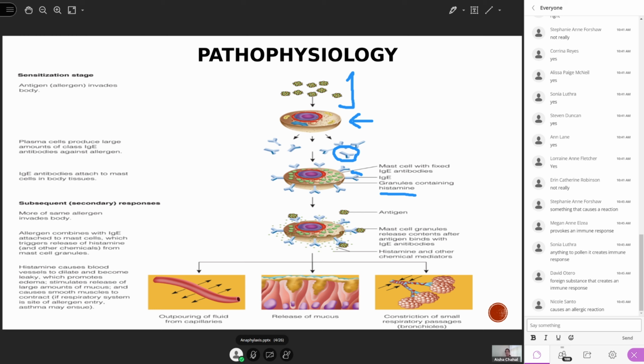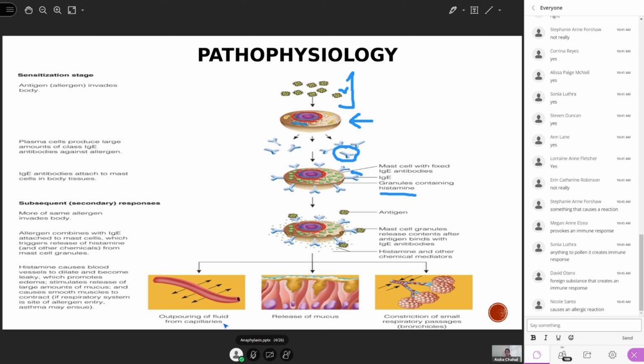These are the main culprits that cause an allergic reaction, whatever happens in anaphylaxis. These are the main chemicals that are responsible, okay? So the antigen comes here, antibodies are produced in the cell, and then these green histamine chemicals are released, which causes, what does this cause?